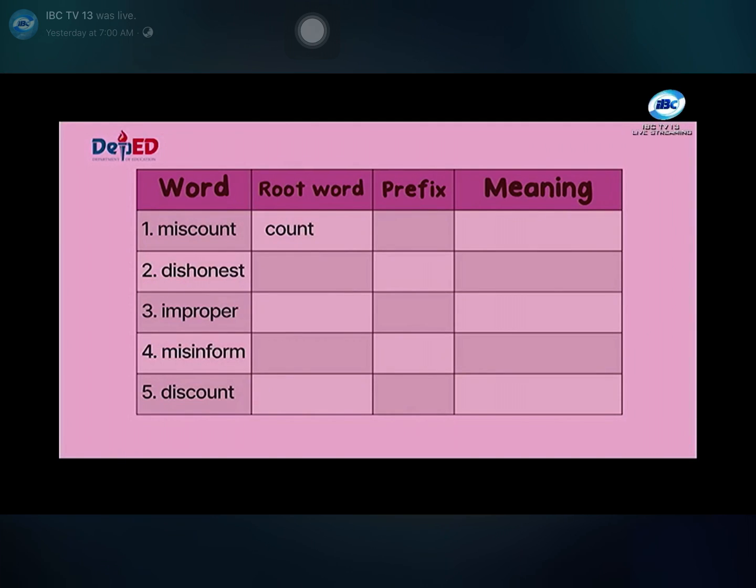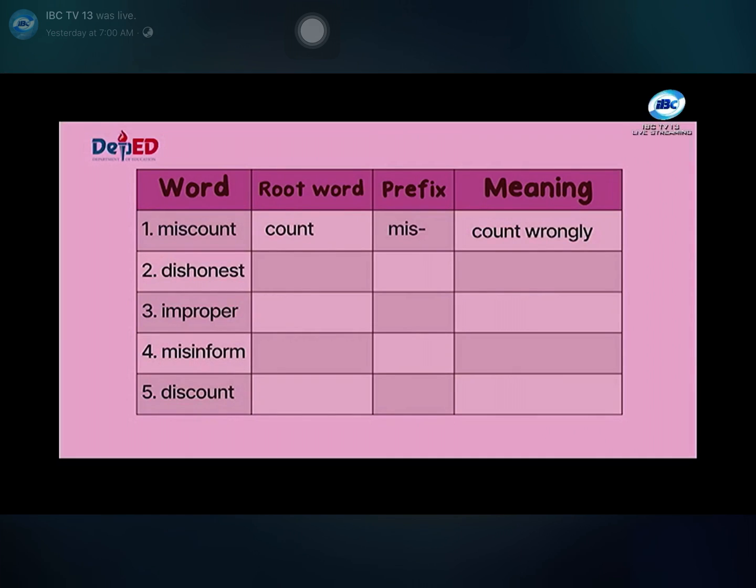What is its prefix? I think I heard the prefix mis. Great going, children! Now, what do you think is its meaning? If your answer is count wrongly, then you are correct. The second word is dishonest.